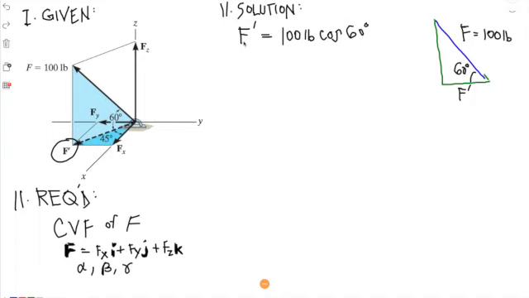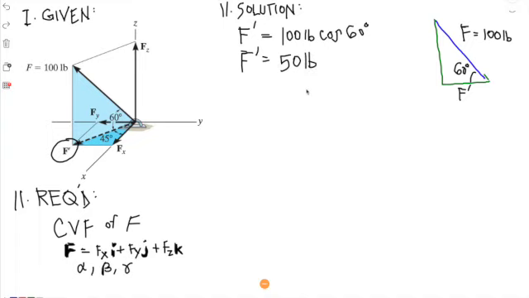If you plug that in your calculator, cosine 60 is half of 100, so we have 50. F prime equals 50 pounds.